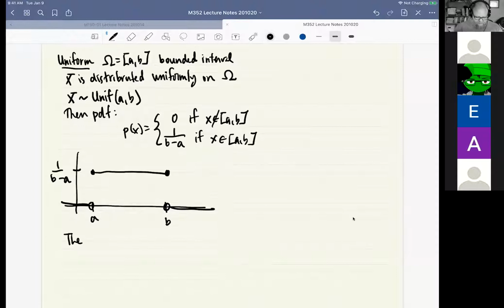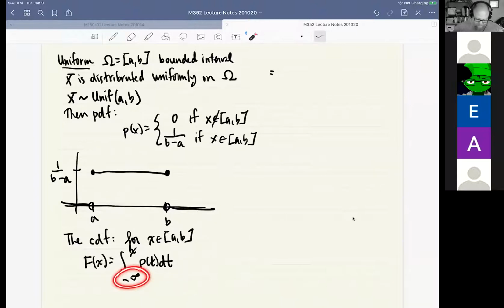The CDF, well, the CDF, we'll just calculate it. The CDF is an integral of the PDF. So by definition, the CDF is the integral from minus infinity to x of the PDF. So continuing up to the right. Well, the minus infinity here doesn't make sense, or too much sense. Let's get rid of it because everything down here is 0.